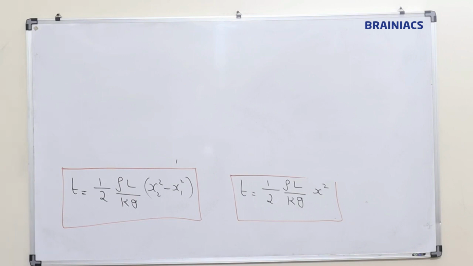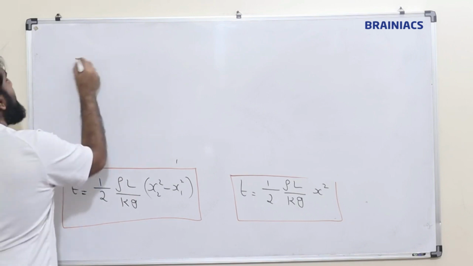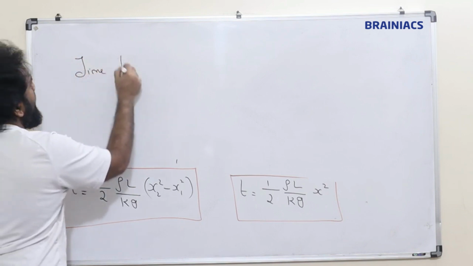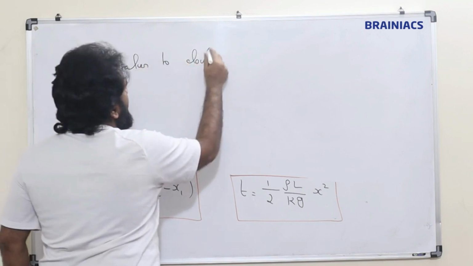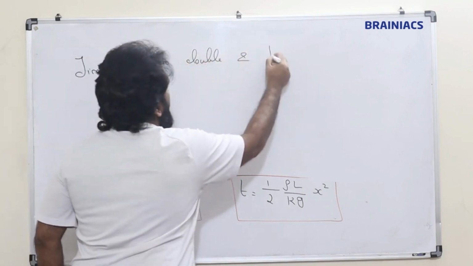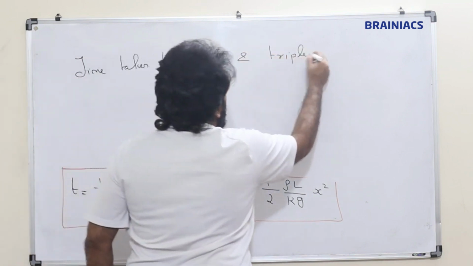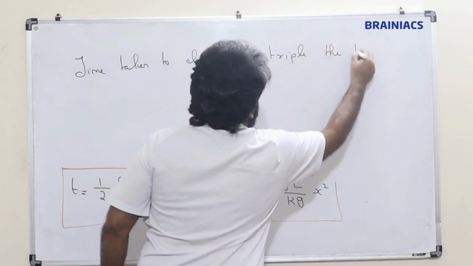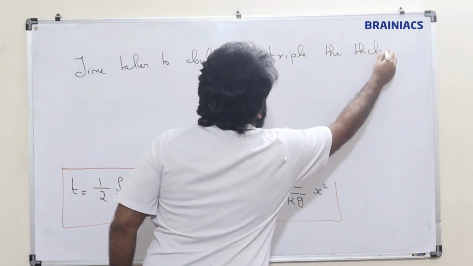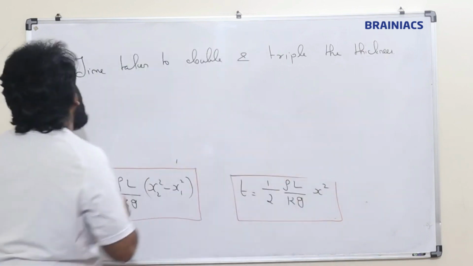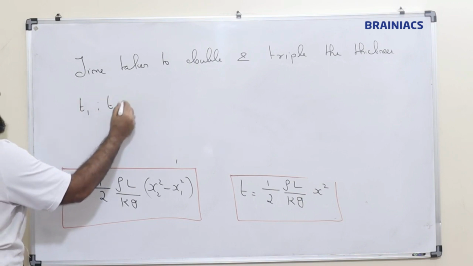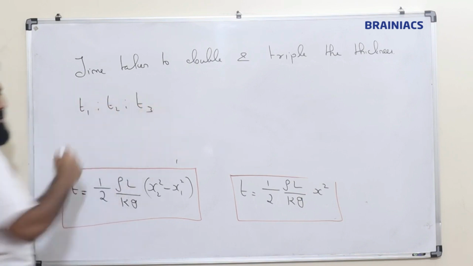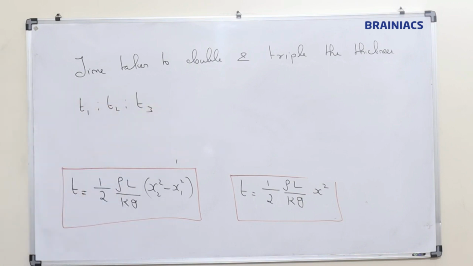So time taken to double and triple the thickness. Already a thickness is there, so time taken to double and triple the thickness, T1 is to T2 is to T3.